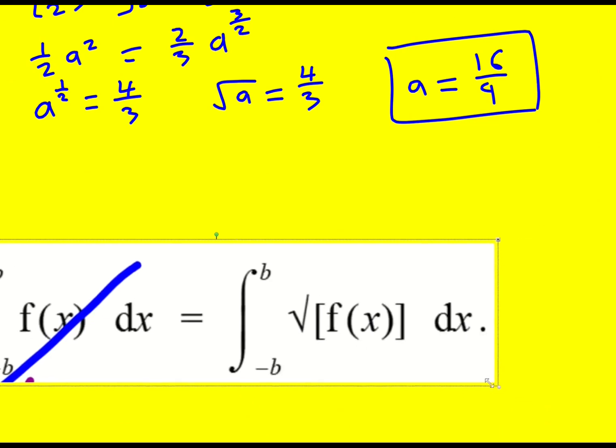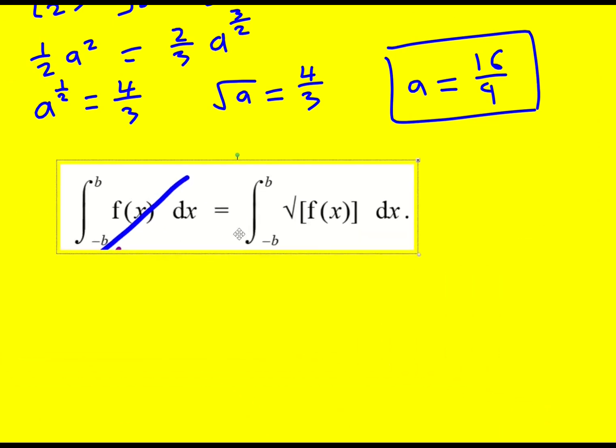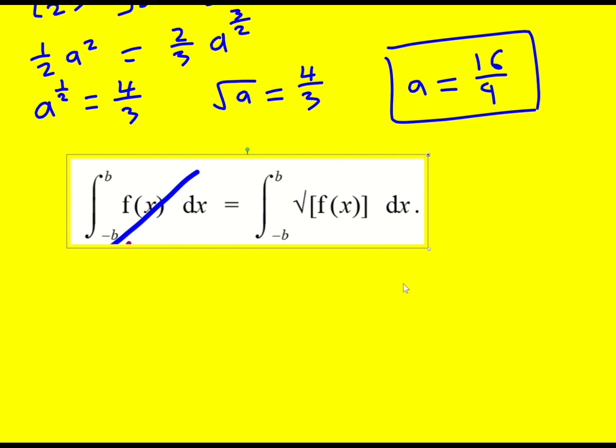A natural inclination is to try and use the same function that we already have information on, or that is nearly the same function, because we can't do the integral of root x between it. But what about if we let f of x equal the modulus of x?